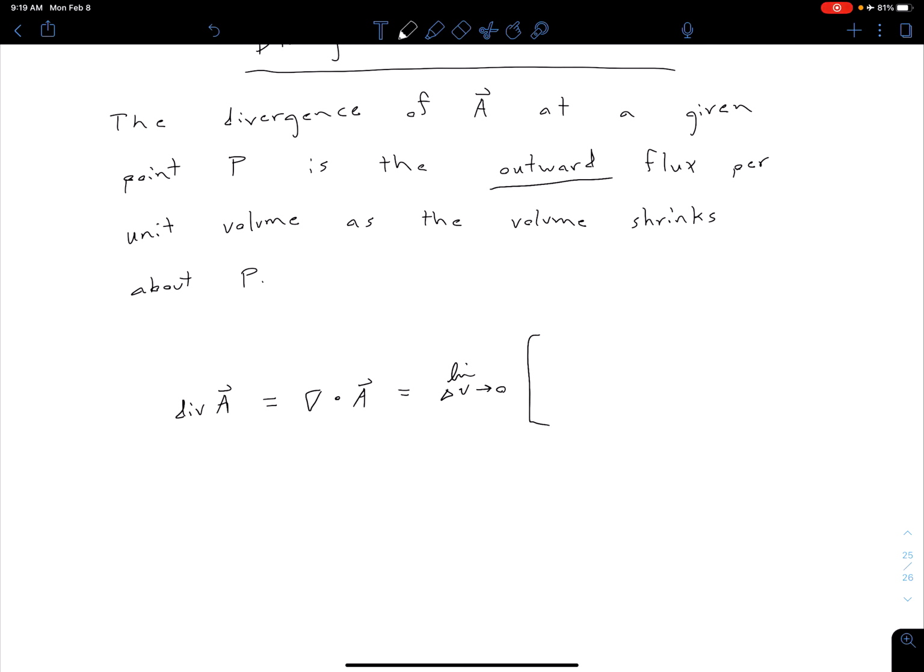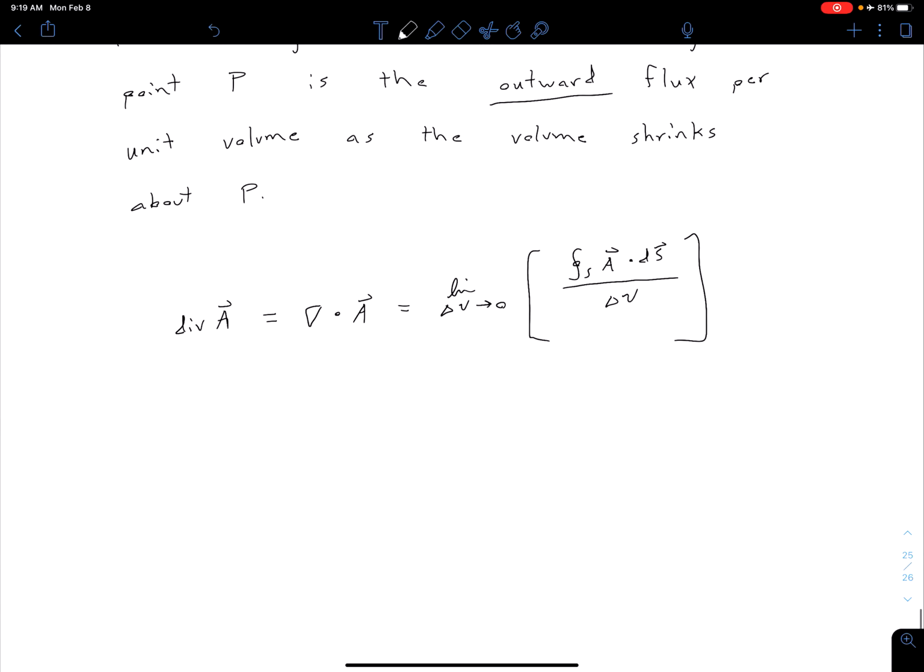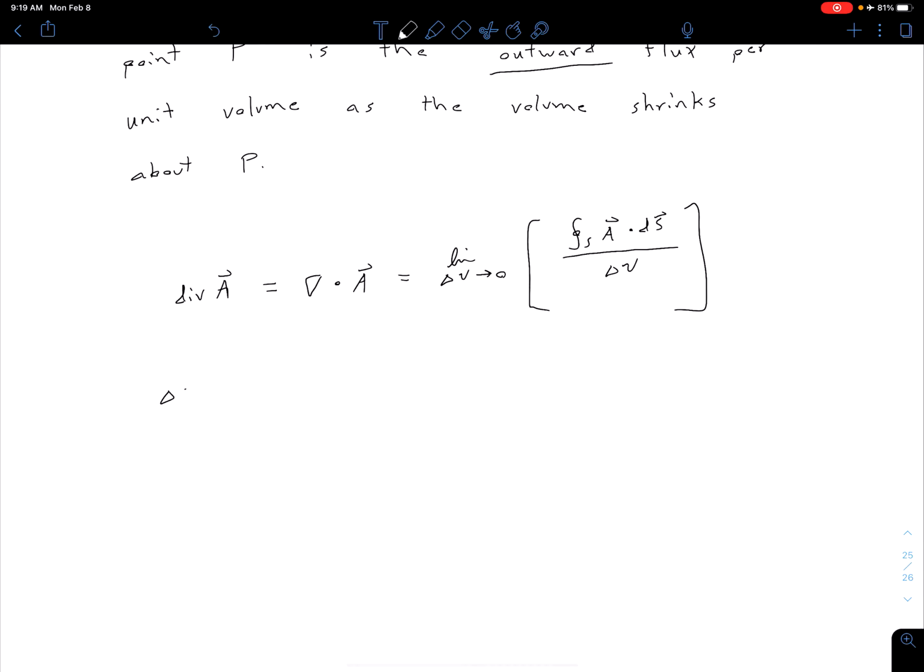As we said before, we can use a surface integral over a closed surface of A dot dS, which we've talked about in a previous video, and we're going to divide that by our volume delta V. In this equation, just to be explicit, delta V is a volume enclosed by surface S, and within that volume is where P is located.